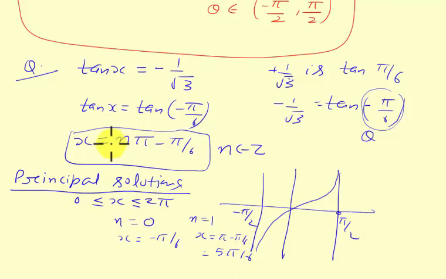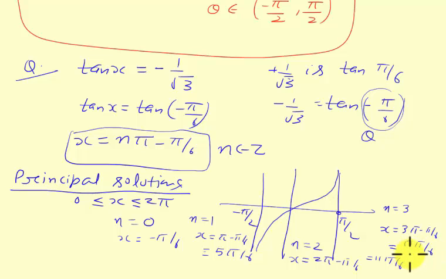Okay, if I substitute the value of n as 2, then x comes as 2 pi minus pi by 6, that is 11 pi by 6. Okay, if I substitute the value of n as 3, then x comes as 3 pi minus pi by 6, and that comes as 17 pi by 6.